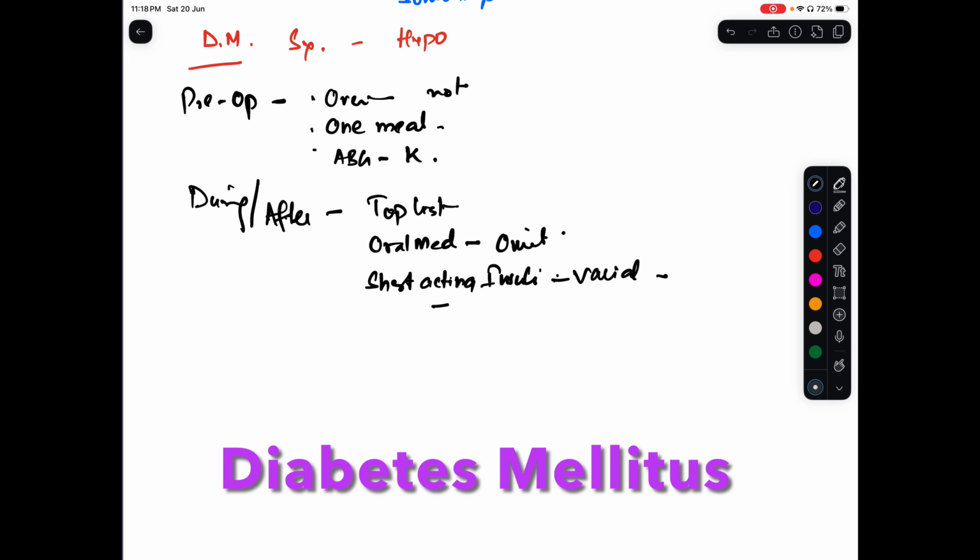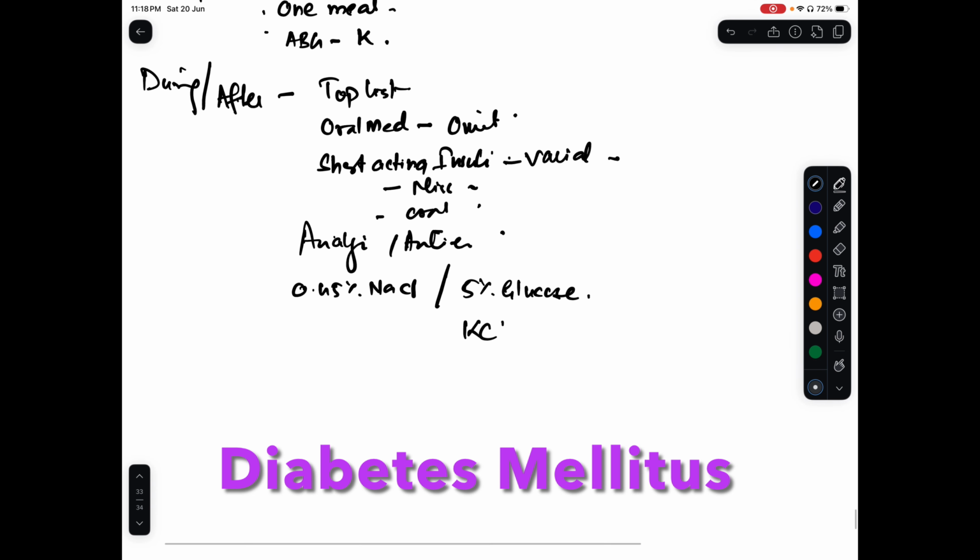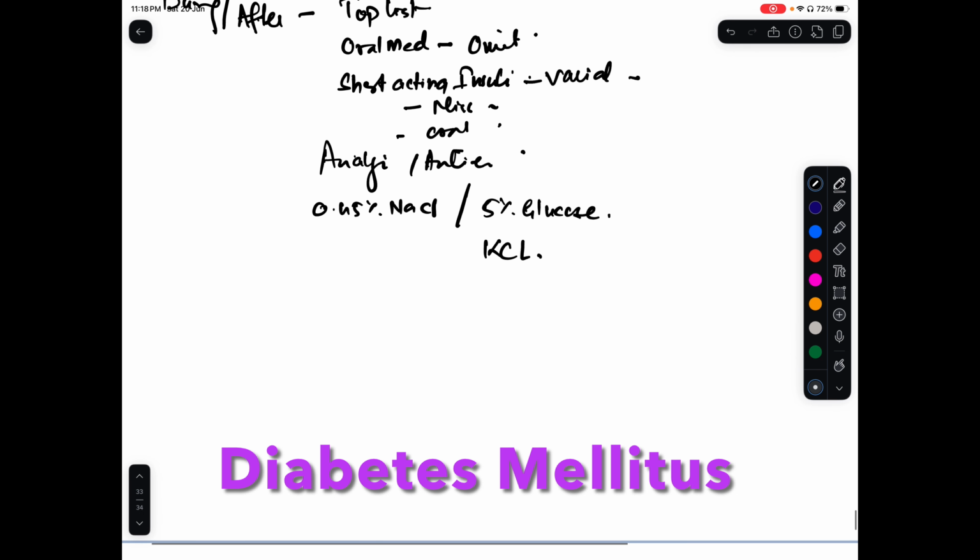If missing more than one, or not controlled on oral medication, then you have to use an infusion. Analgesics and antiemetics are to be given. 0.4% sodium chloride, 5% glucose, and KCl, potassium chloride are to be given. Check blood glucose every 4 hours, and the target blood glucose should be 6 to 10.